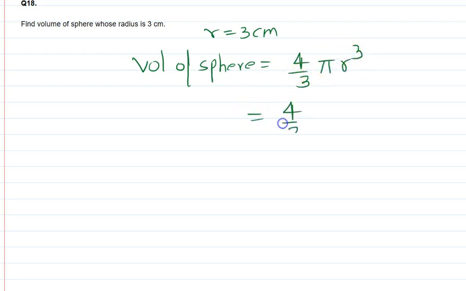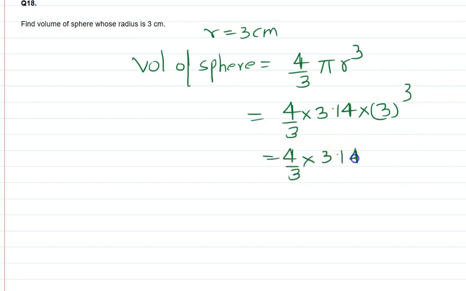So 4 over 3 pi is 3.14 and r is 3 cube. So 3 cube is basically 27, 3 times 3 times 3. So it will be 4 by 3 times 3.14 times 27. If you cancel it, 27 by 3 is 9. And 9 times 4 is 36.